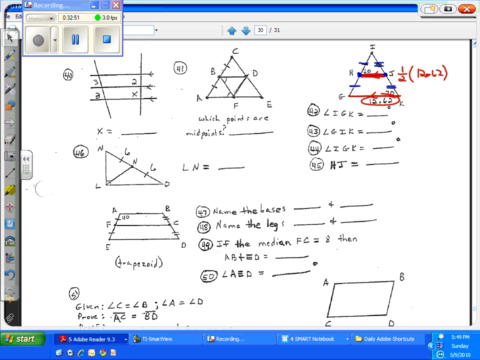If a segment joins the midpoint of two sides, then that segment must be parallel to the third side, and its length must be 1/2 the length of the third side. Half of 12.62 is 6.31.